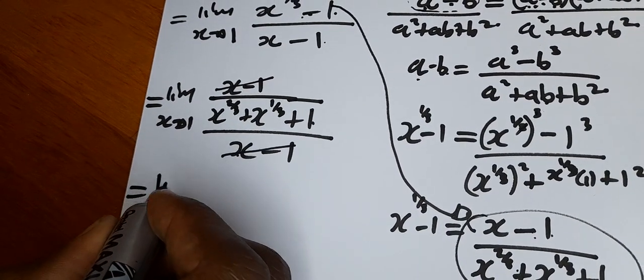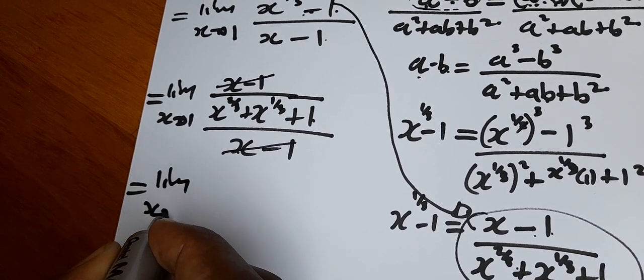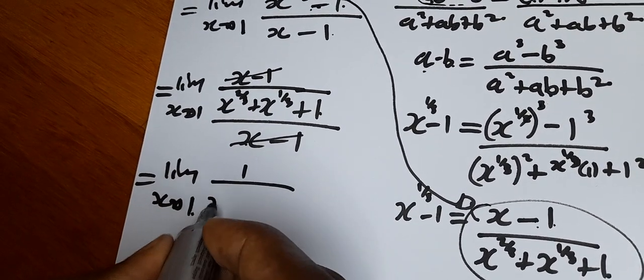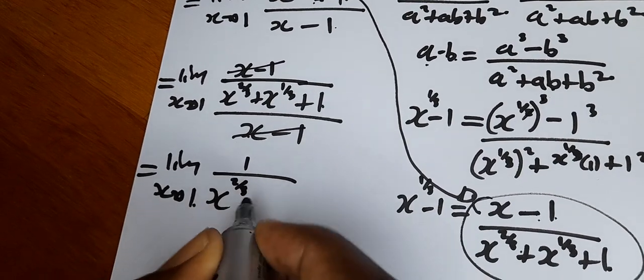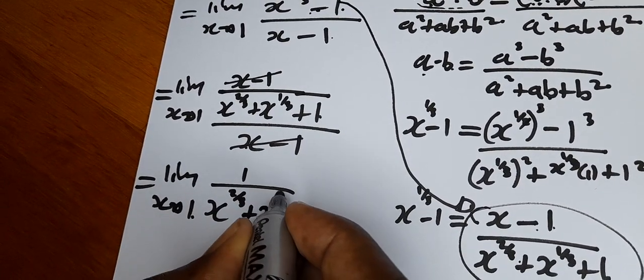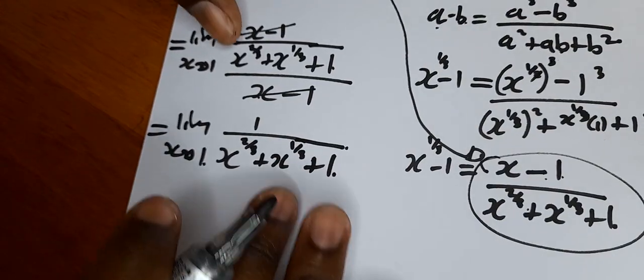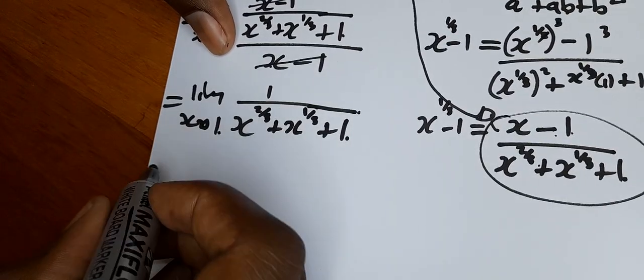Then we have the limit when x approaches 1 of 1 over x to the 2 over 3 plus x to the 1 over 3 plus 1. Now we can distribute our limit.